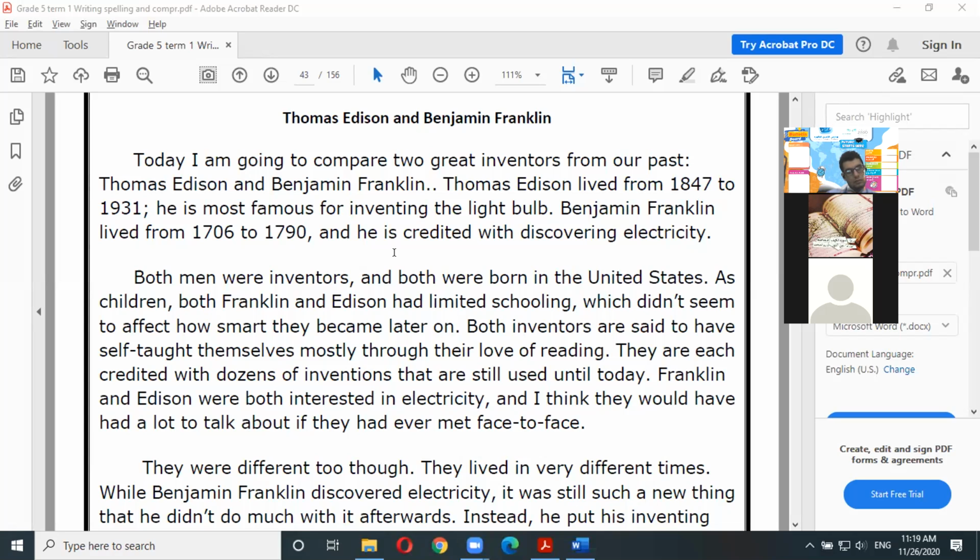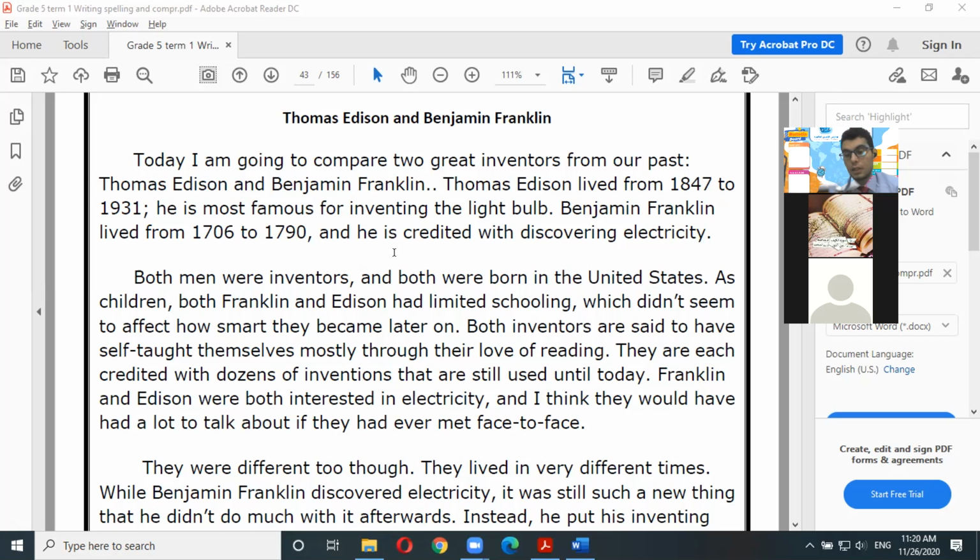He is most famous for inventing the light bulbs. Benjamin Franklin lived from 1706 to 1790, and he is credited with discovering electricity. Yes, credited, very good.